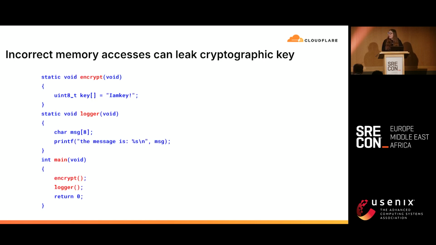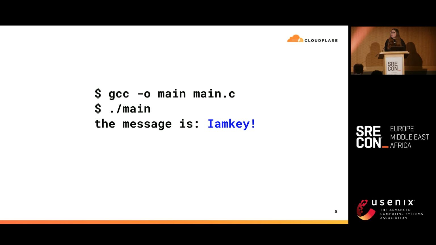So let's take a quick look at the C code, which can show you how the key actually can leak. This C code contains three functions. The first one, main, the entry point, and encrypt and logger functions. And the encrypt and logger functions are called sequentially from the main function. If we compile and run this code, we can see that actually we printed our private key.